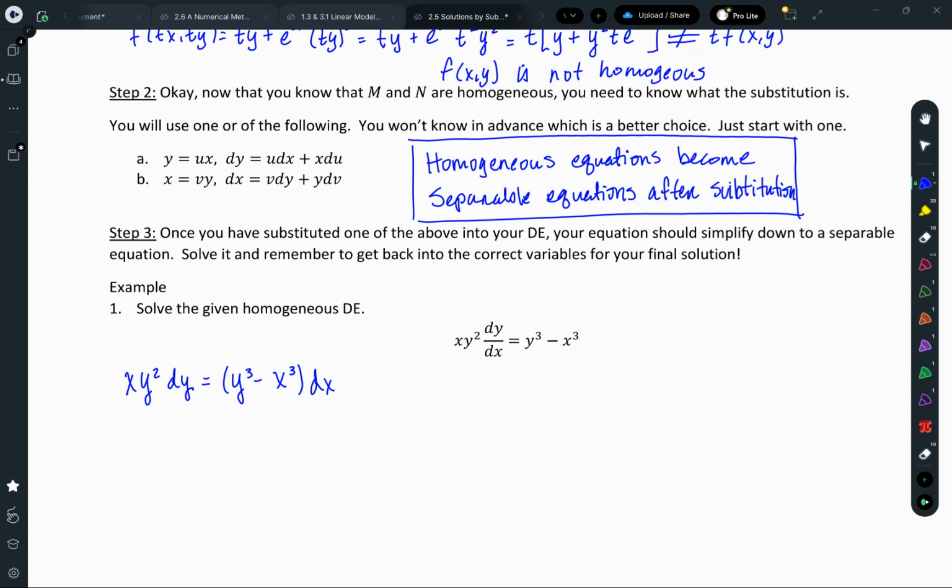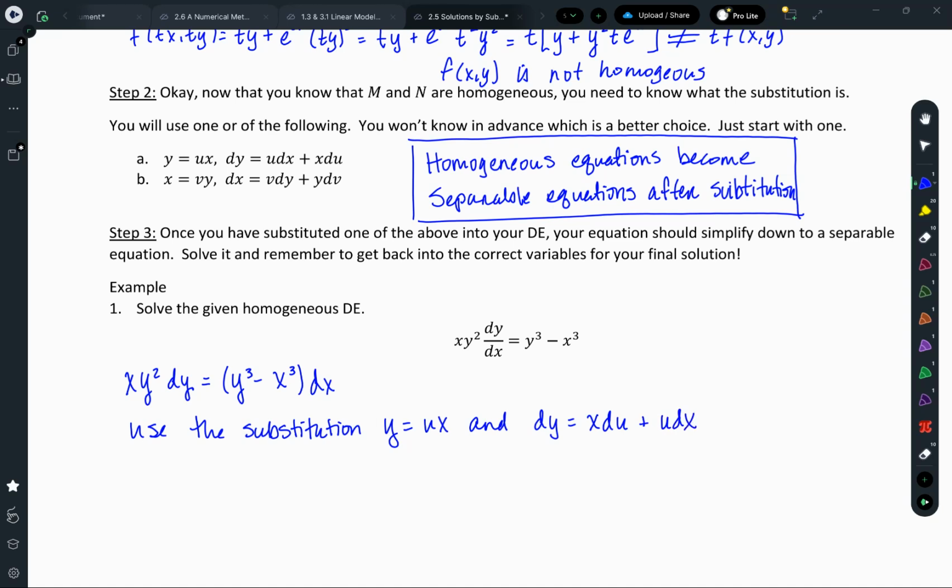Let's try it. Okay, so I'm going to use the substitution y is equal to ux. And if I run a differential through this, I get dy is the derivative of u, like, I'm taking the differential. So the differential of u is just a du. So I get an x du plus the differential of x is just a dx. So I get a u dx.